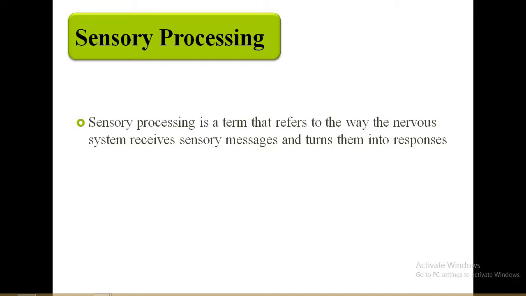And after the filtration, the most complex stage is called modulation. In this stage, our brain regulates the intensity of a stimulation and organizes the stimulation towards the feedback, what we say behavior.